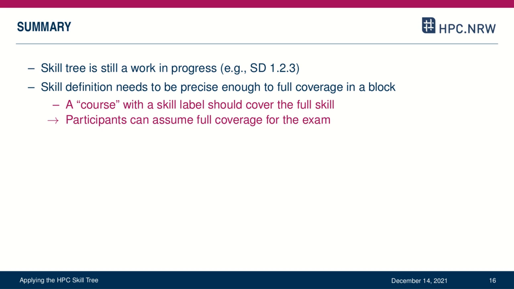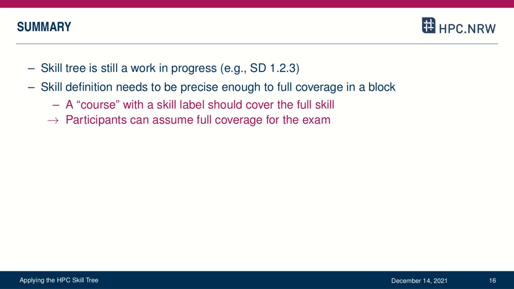Otherwise, if you have a course that labels, well, we teach SD123B basic, a user would assume that it teaches the full spectrum of SD123B and not only parts of it. And with a large standard like MPI, the question is, do we need further differentiation and how to proceed on that?